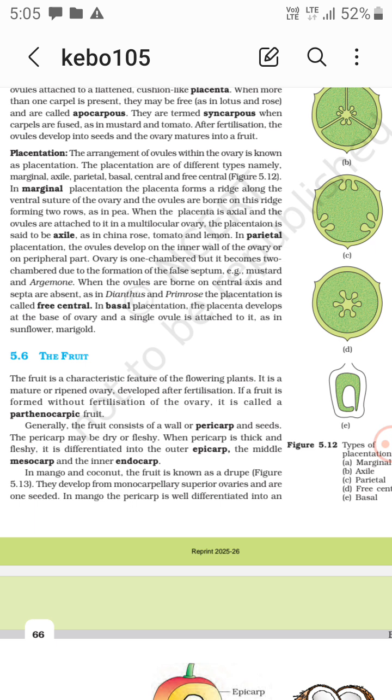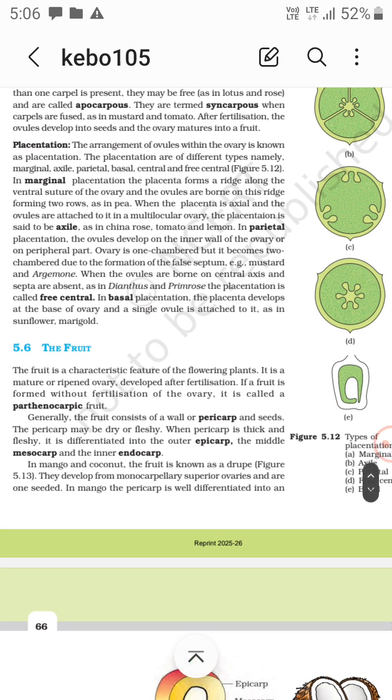In parietal placentation, the ovules develop on the inner wall of the ovary or on the peripheral part. Ovary is one chambered, but it becomes two chambered due to the formation of a false septum, that is mustard and argemone. So this is parietal. So when the ovules are borne on the central axis and septa are absent, as in dianthus and primrose, the placentation is called free central.